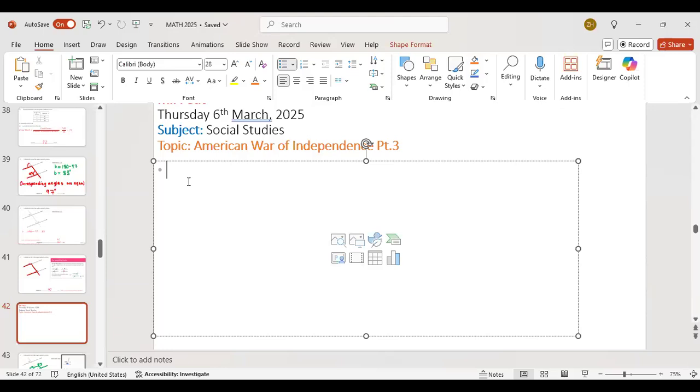So what do we mean by boycott? When you stop supporting something. Yeah, stop supporting something. Very good. And who boycotted who?